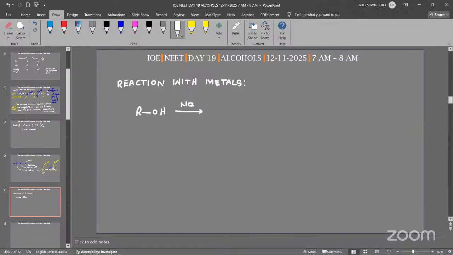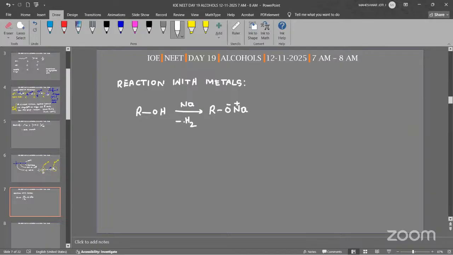Sodium metal is electropositive in nature, so it releases one electron and converts into Na plus. That Na plus reacts with O minus, because hydrogen comes out as H plus. It is acidic. So H plus takes the electron released from the sodium and converts into hydrogen gas. So the products are RONa, RO minus Na plus, and hydrogen gas will be released.